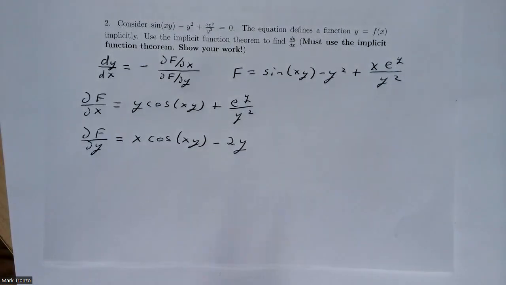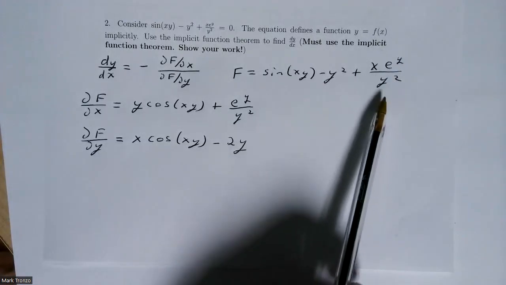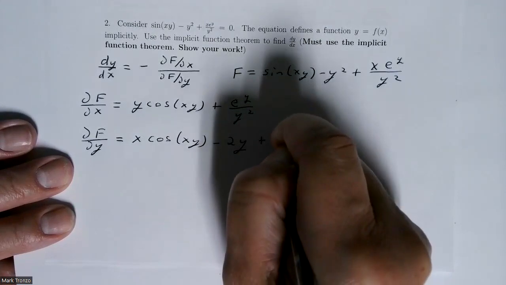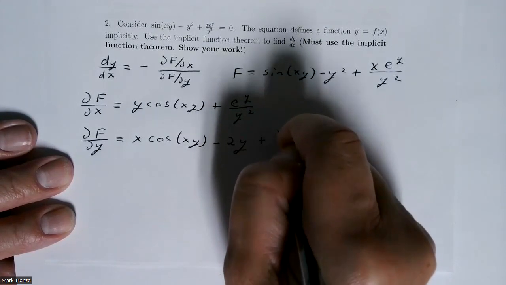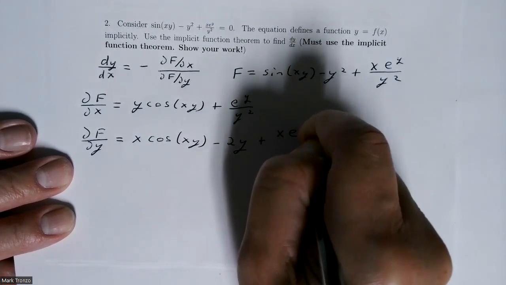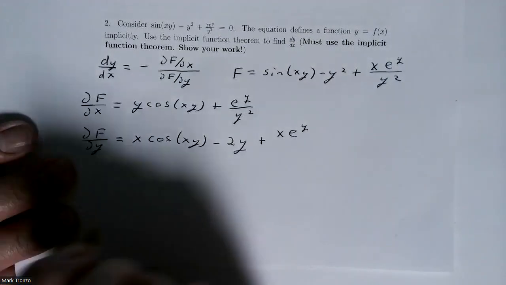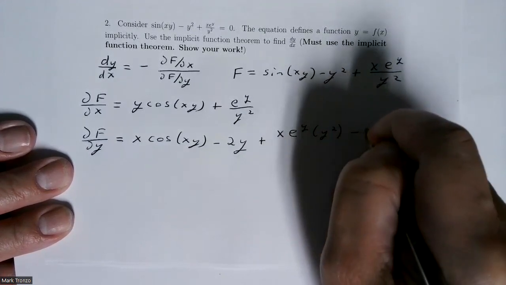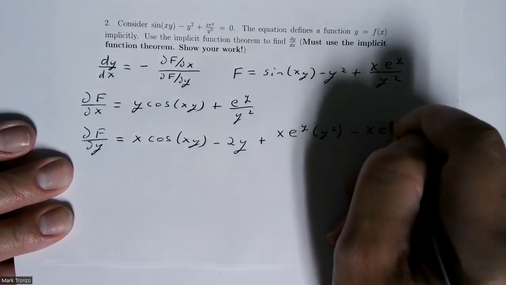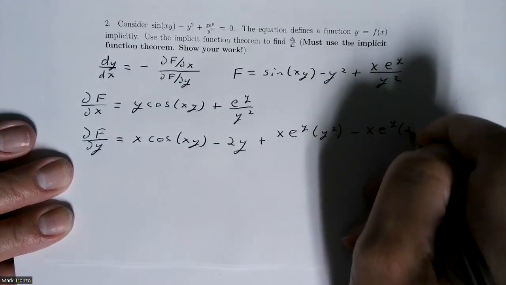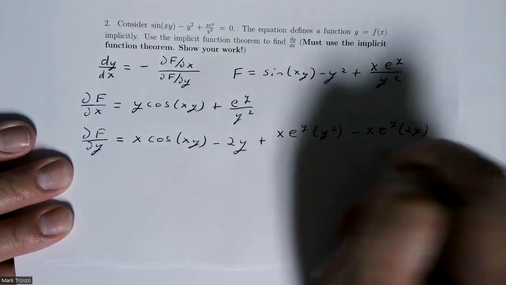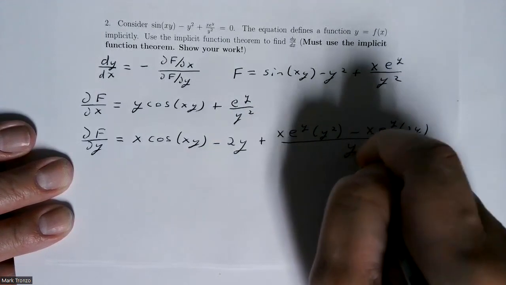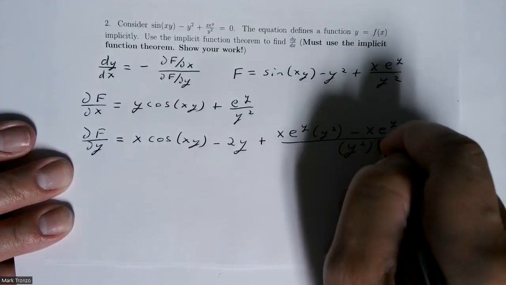Now over here, we're going to have the quotient rule. So the derivative of the numerator times the denominator minus the numerator times the derivative of the denominator, all over the denominator squared.